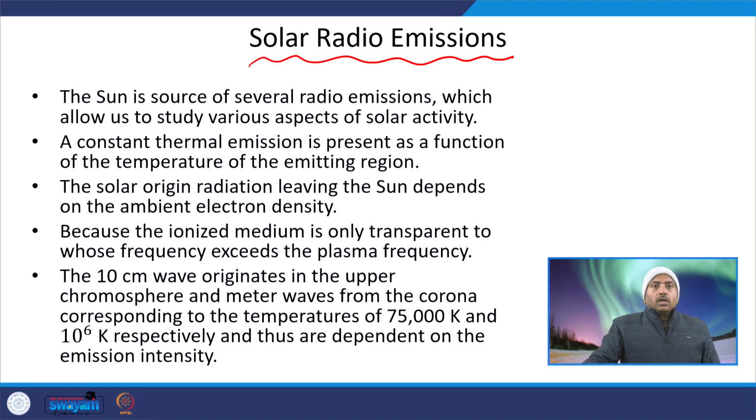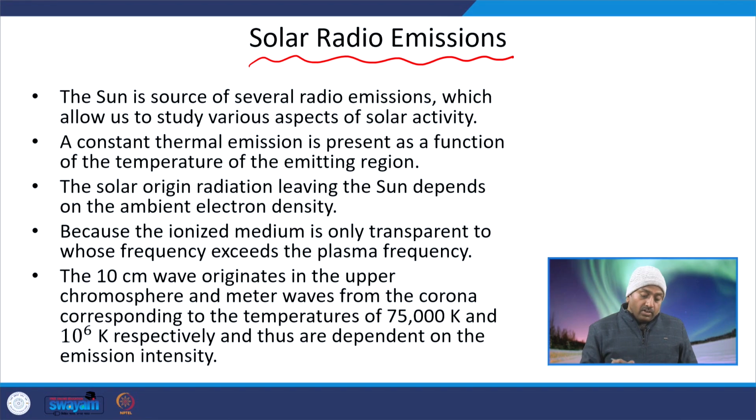Okay. Now, there is a constant thermal emission that is present all the time as a function of the temperature of the emitting region, right. So, you have 5800 Kelvin. So, there is a constant thermal emission because of that temperature, and different temperatures will lead to different wavelengths. So, solar origin radiation leaving the sun depends on the ambient electron density.